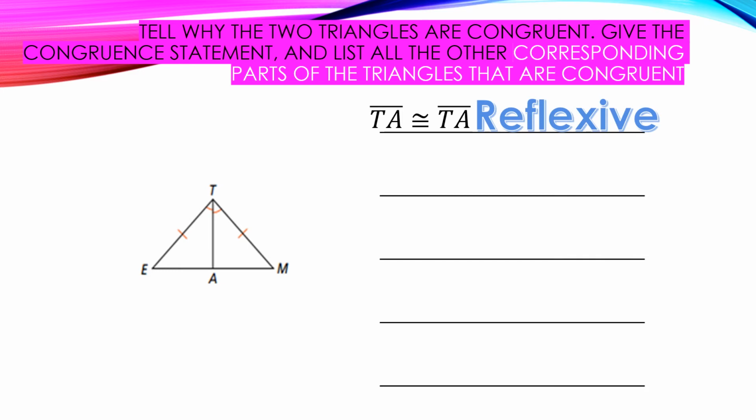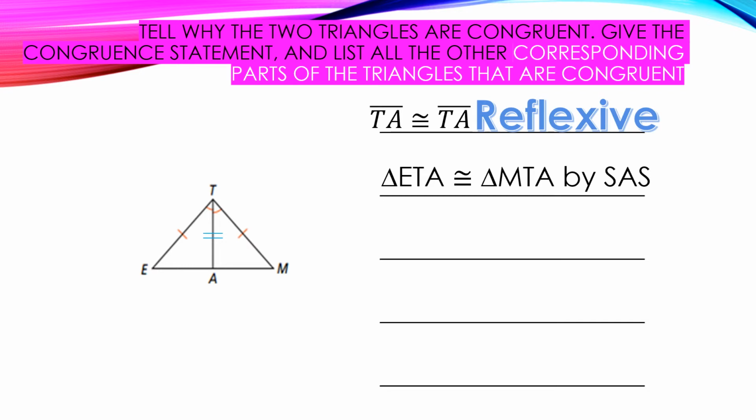So this is like an informal proof here. Your first step would be to say that line is congruent to itself. Then, because we have side, angle, side, we can say that those two triangles are congruent to each other by side, angle, side. Make sure that your corresponding angles line up with the corresponding angles in the other triangle.